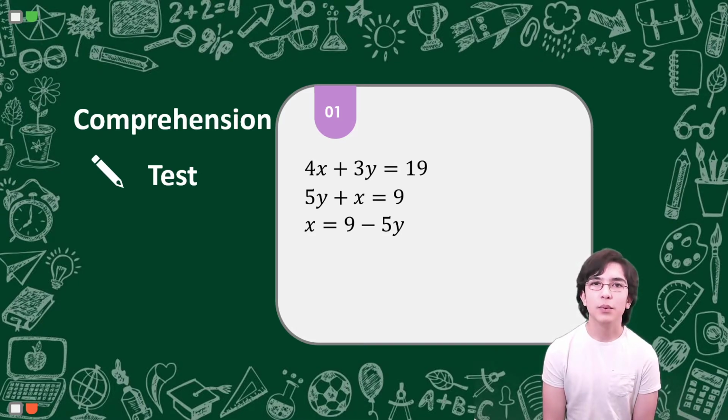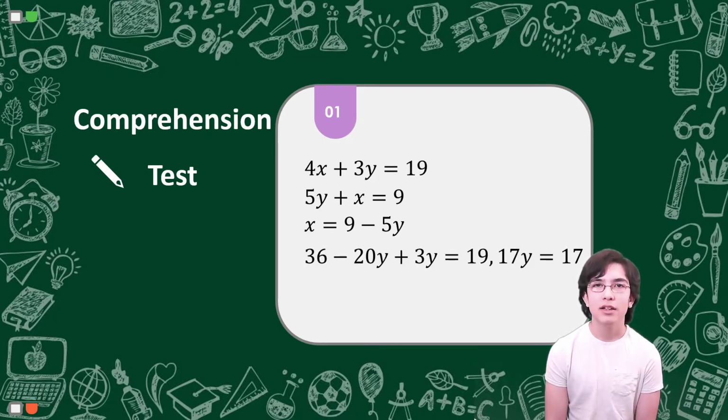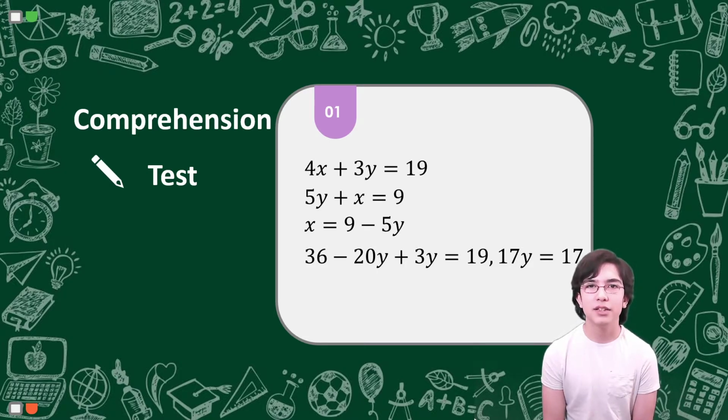So first, we get x equals 9 minus 5y, because that's the easiest value of x we can get. Then 4x plus 3y equals 19, so we multiply 9 minus 5y by 4, and we get 36 minus 20y plus 3y equals 19.